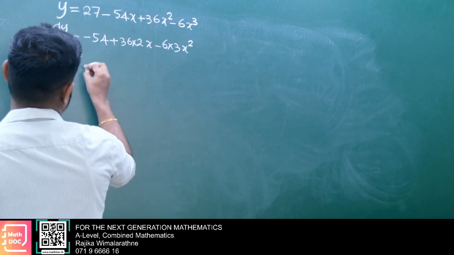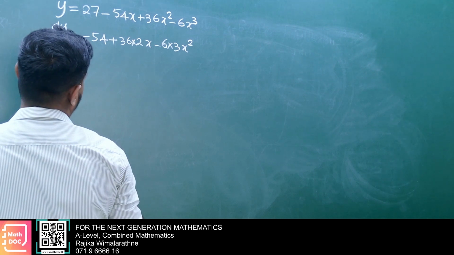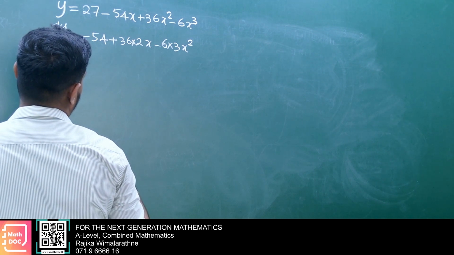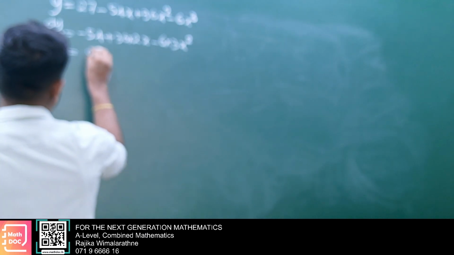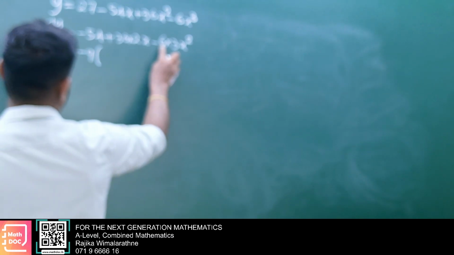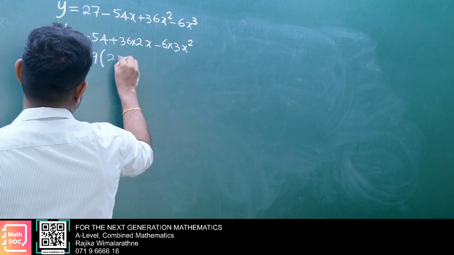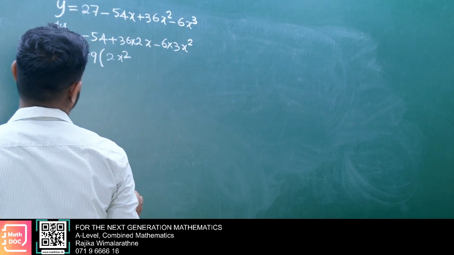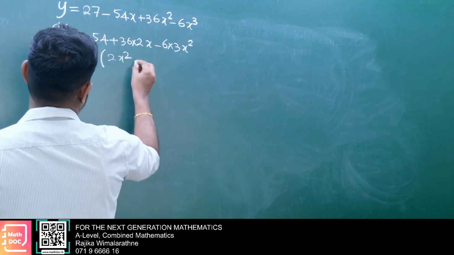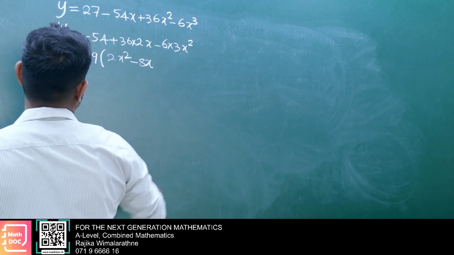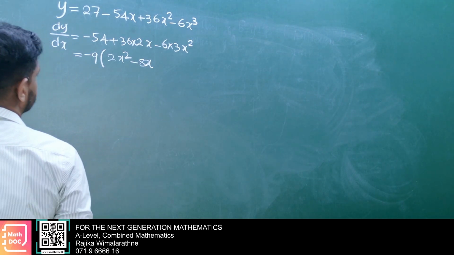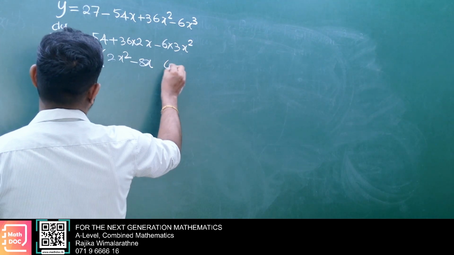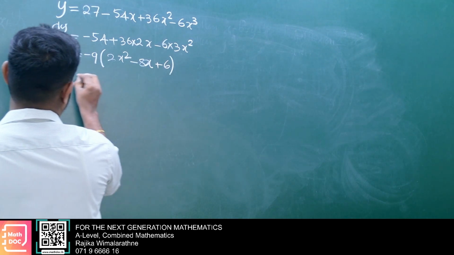Here 9 is common. Take 9 outside: minus 9 times 2x squared, 8x, 6. Again 2 is common.